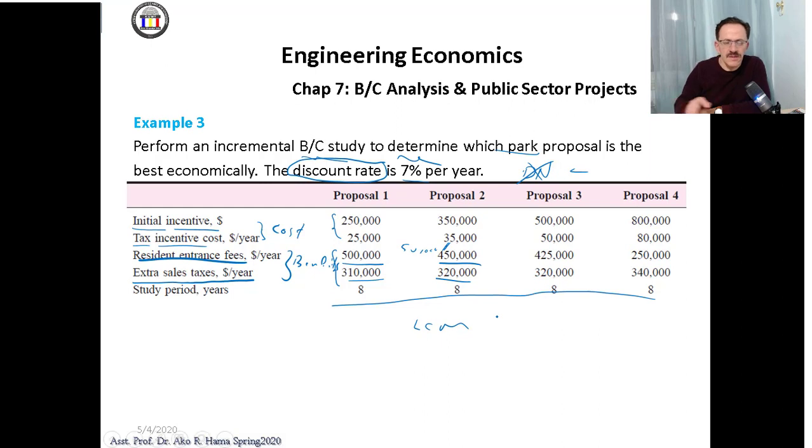Now let's start to solve this one. First of all, we have to sort them, based on the total cost. So you can say I'm going to sort based on the first one, the initial incentive cost: 250 less than 315, less than 500,000, less than 800,000.